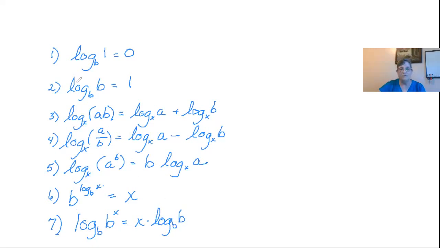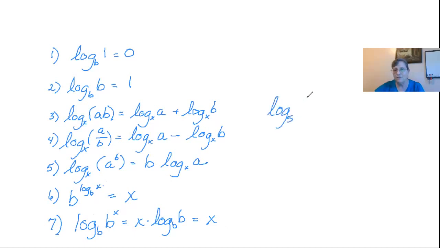But we already know from rule 2 that the log base b of b is equal to 1. So this is equal to x times 1, which is just x. So if you have the log base b of b to a power, this is the answer.